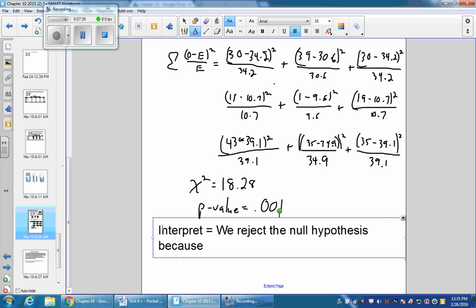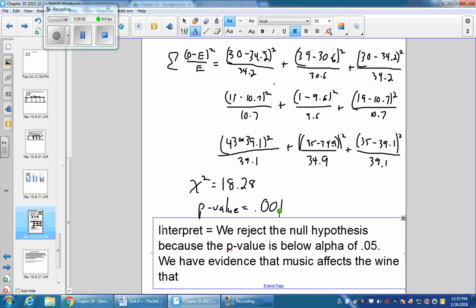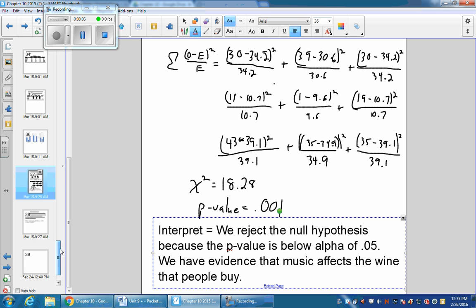Because the p-value is below alpha of 0.05, we have evidence that music affects the wine that people buy. That's that, and that's the chi-square test for homogeneity.